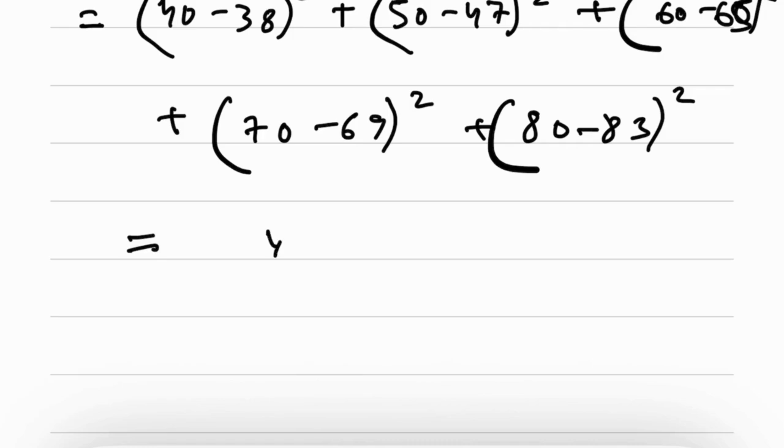So this comes out to be 48. As you can see, the residual sum of squares is very much less than the total sum of squares, which means the prediction model is much better than the average model.